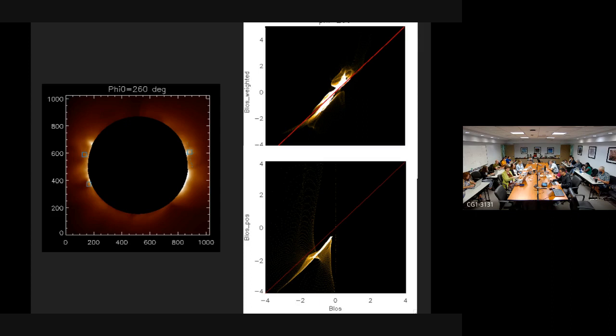Two quick comments on that. Totally agree, but I also think that a structure like a cavity, which is extended along the line of sight with a symmetric structure, can give you something meaningful, because your weighted line of sight measurement is telling you about the axial field of flux type structures. You don't need a localized structure in cases like that. The other thing is that tomography is one way to do it, and the other way is to start with a global model and adjust your model in response to the data.